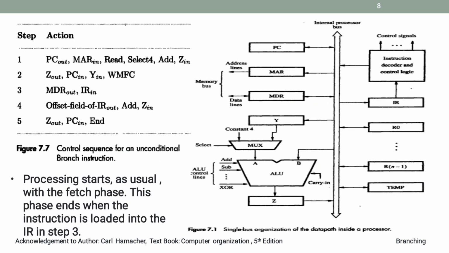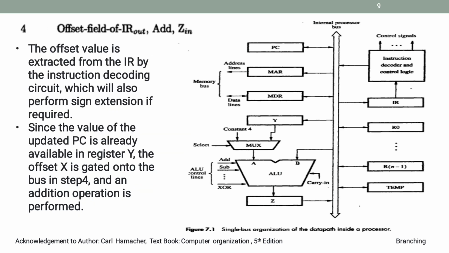Processing starts as usual with the fetch phase. This phase ends when the instruction is loaded into the instruction register in step 3. The offset value is extracted from the instruction register by the instruction decoding circuit, which will also perform sign extension if required.